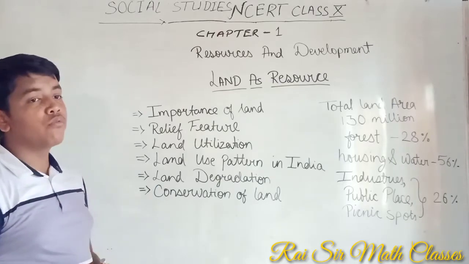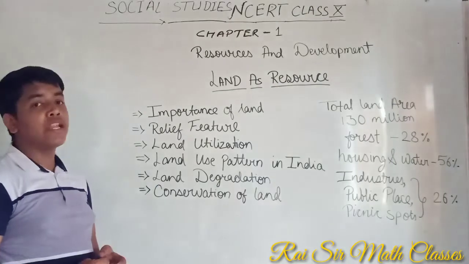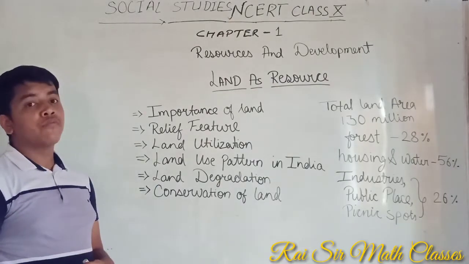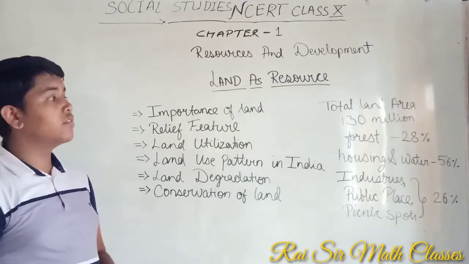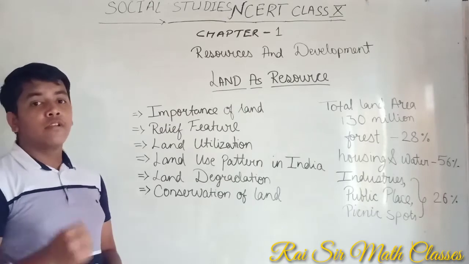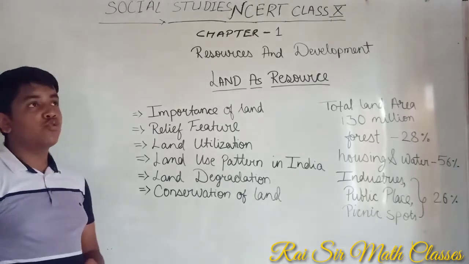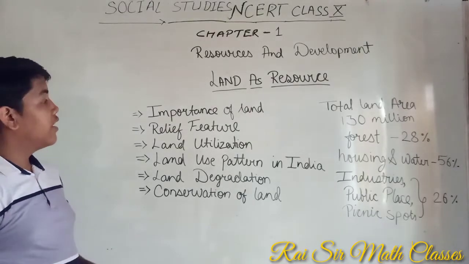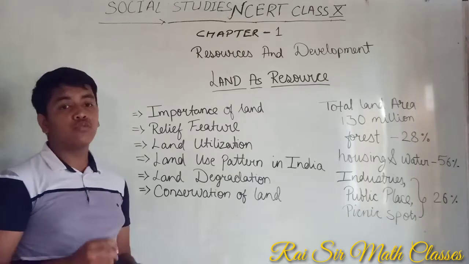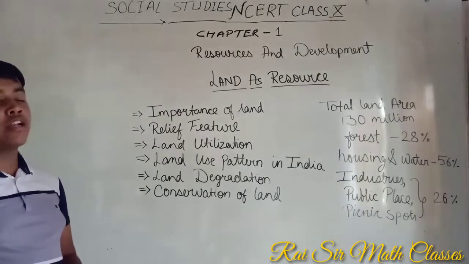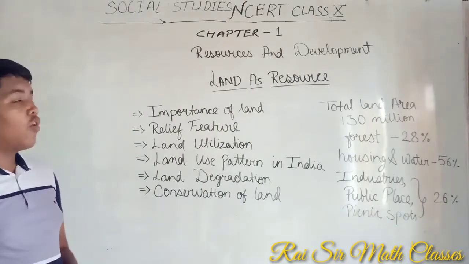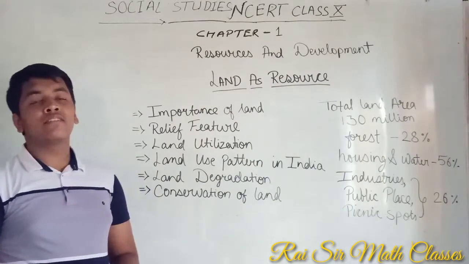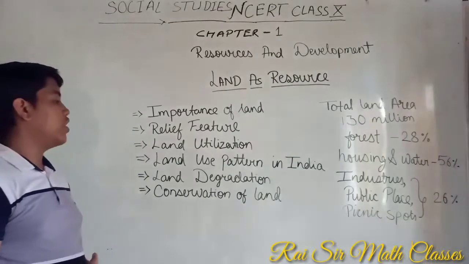So we have to protect the fertile land from mining and from water degradation, meaning the flow of land, or we can say soil, by the water, which is a very essential part of the degradation of land, or in simpler words we can state this process as soil erosion.